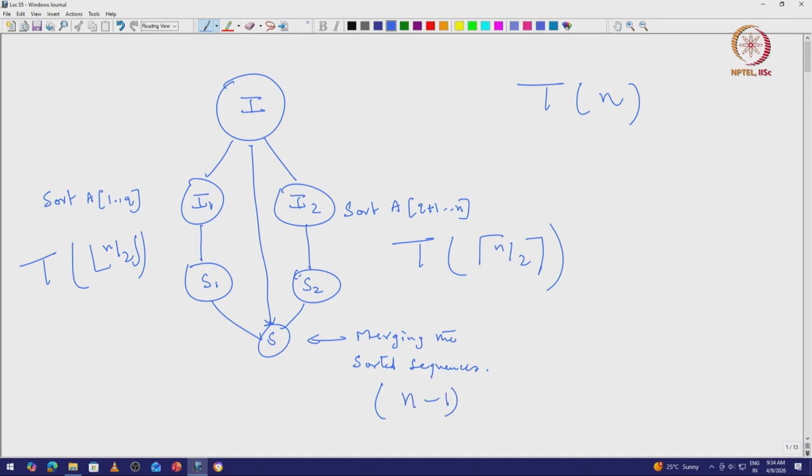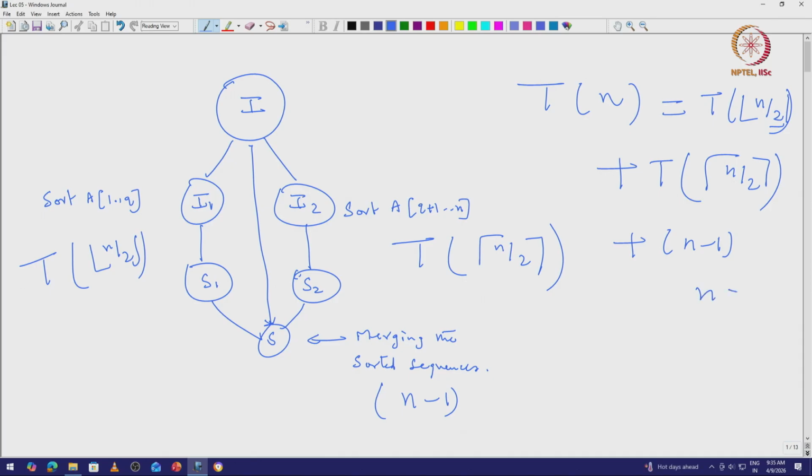Therefore, we get the equation T(n) is T(floor(n/2)) plus T(ceil(n/2)) plus n minus 1 if n is greater than 1, and T(1) is 0 because to sort a single element you do nothing. How do we solve this equation? We are now in the process of solving this equation exactly.